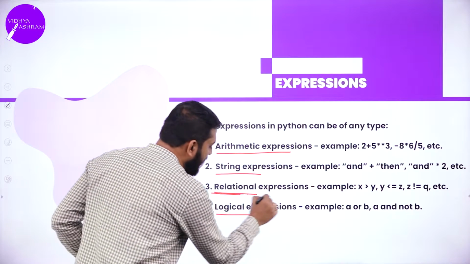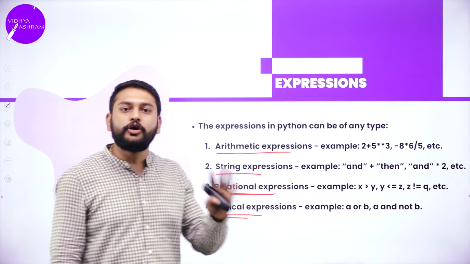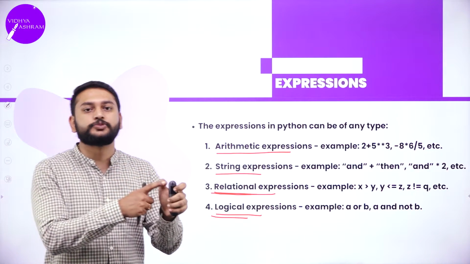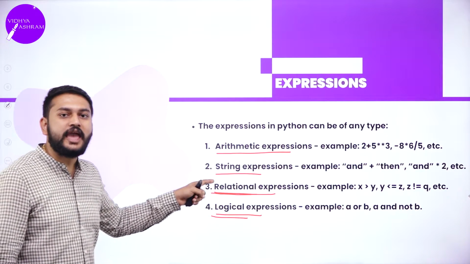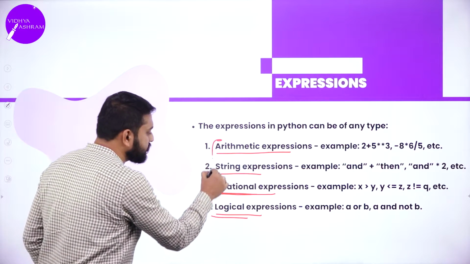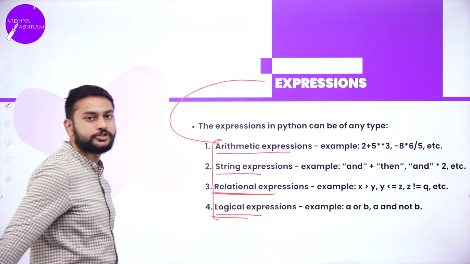The third one is relational expression, and then logical expression. I will repeat for all of you: arithmetic expression, string expression, relational expression and logical expression. This is what you have to remember when it comes to the concept of expressions.